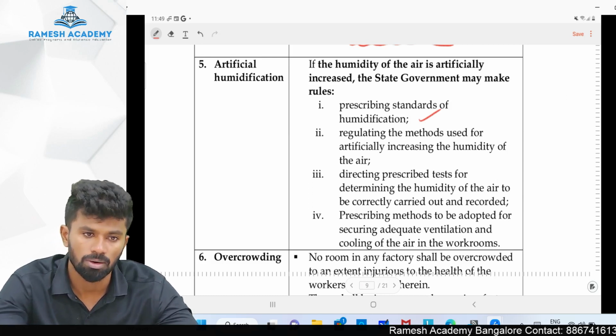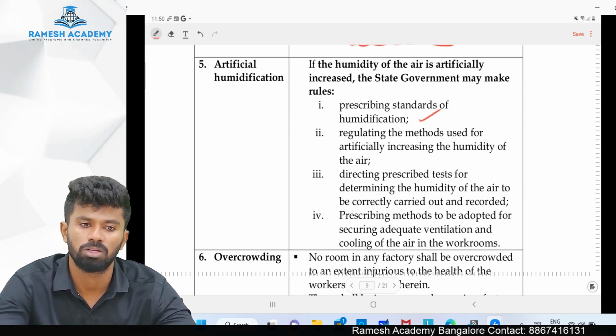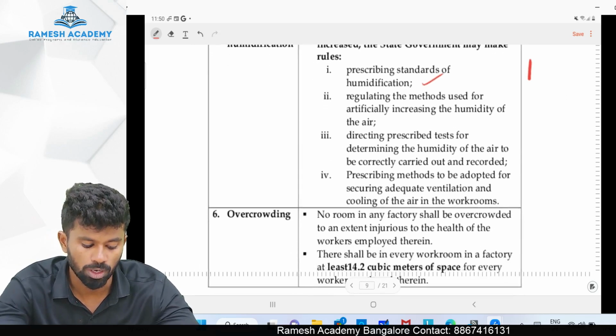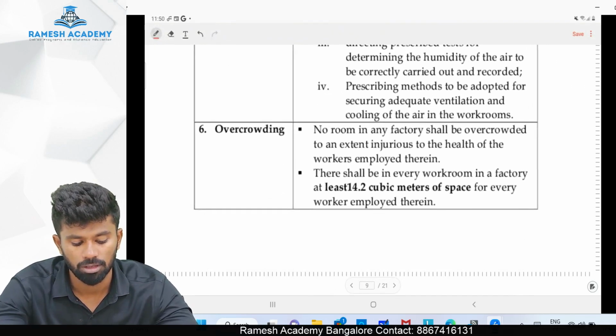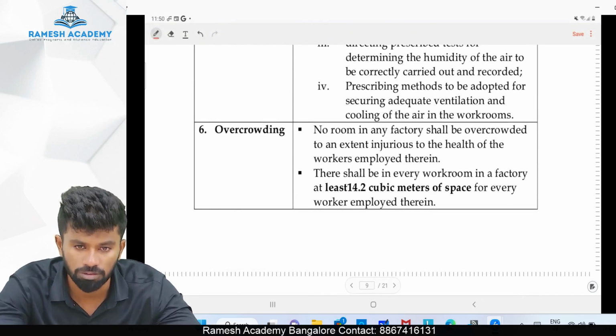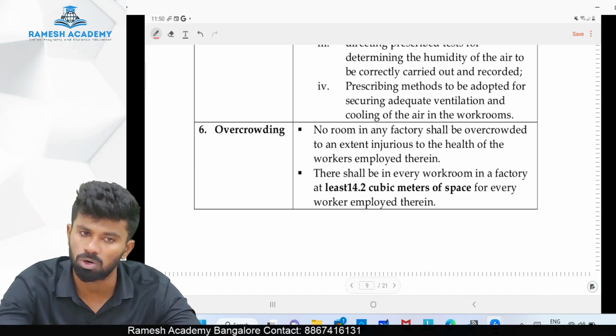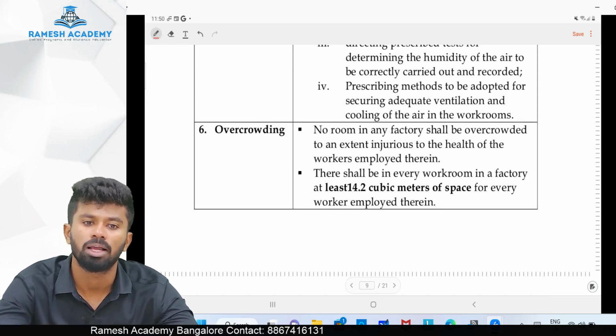So the state government can make rules with respect to artificial humidification. Next one, overcrowding. It is the duty of the occupier to make sure that the factory is not overcrowded. One more health measure.